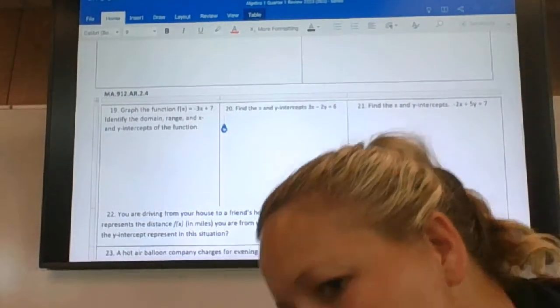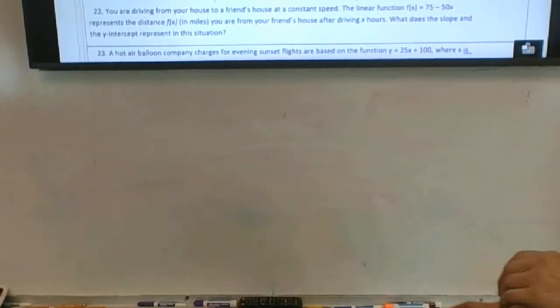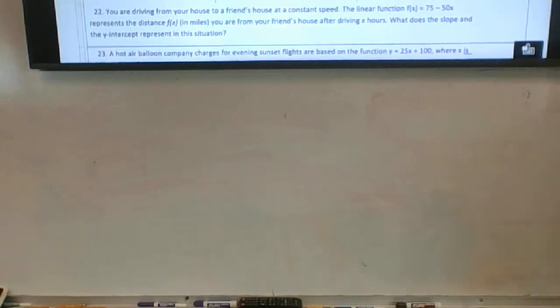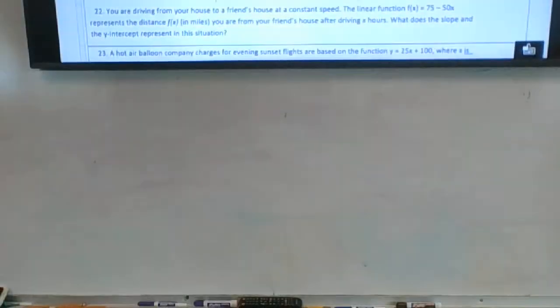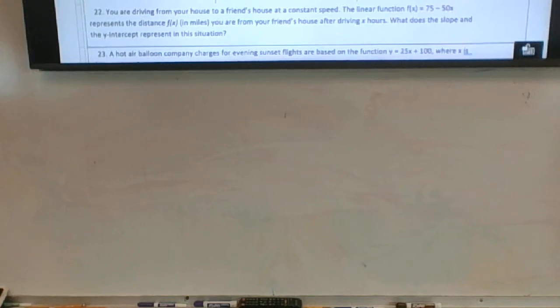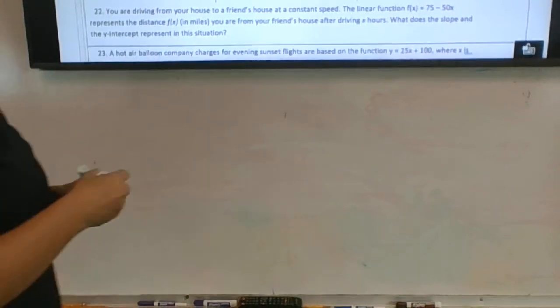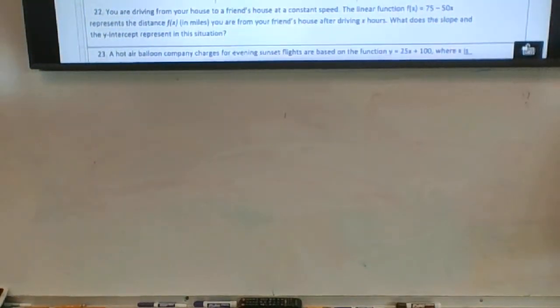So 19 is in slope-intercept form. So 19 is a y equals mx plus b problem. I just want you to review that. If you feel like you know that so well, you don't need to review it ever again, you can skip to something else. That's fine. It says the graph, so you begin at 7.